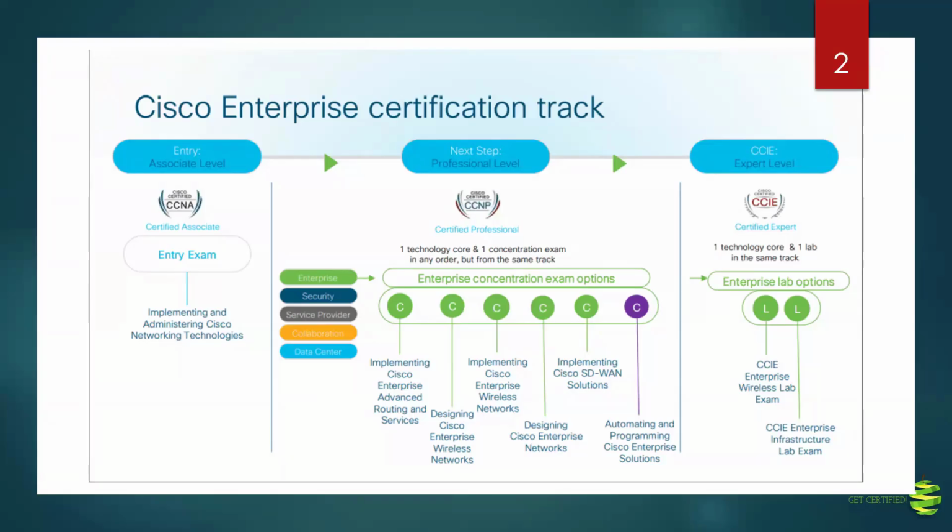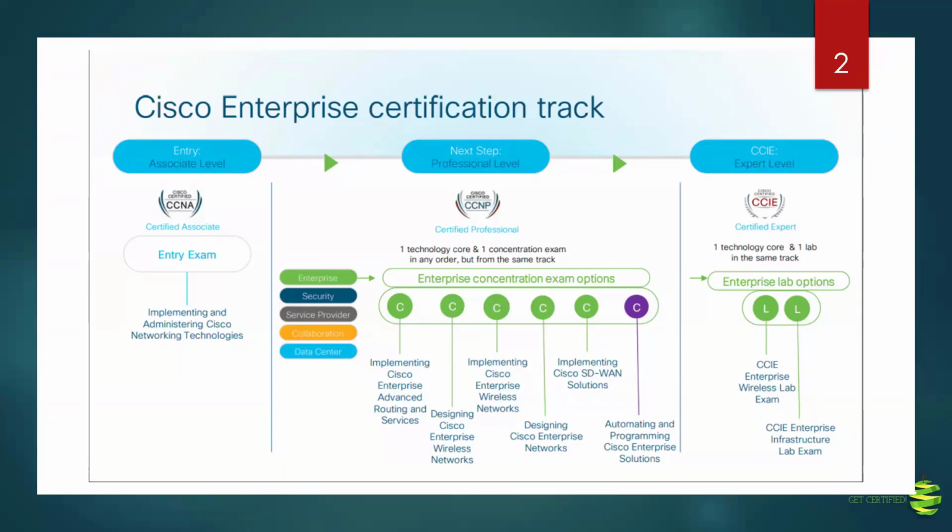For example, in the enterprise track, if you pass the ENCOR exam, which is the enterprise core exam, you will be able to book either CCIE Enterprise Infrastructure, or even CCIE Wireless. The reason you can also book CCIE Wireless is that, first of all, in our course we have a little bit of introduction to wireless.